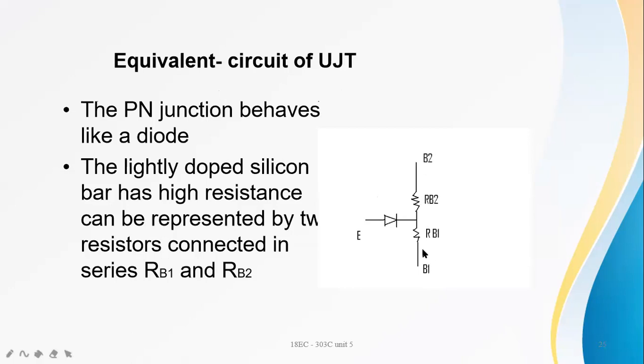The lightly doped silicon bar has high resistance and can be represented by two resistors, RB2 and RB1, connected in series. This is the equivalent circuit of UJT.